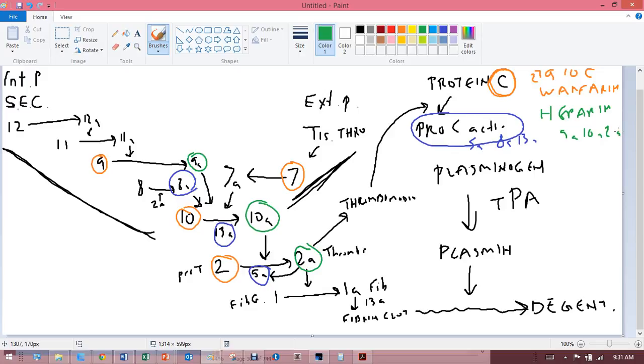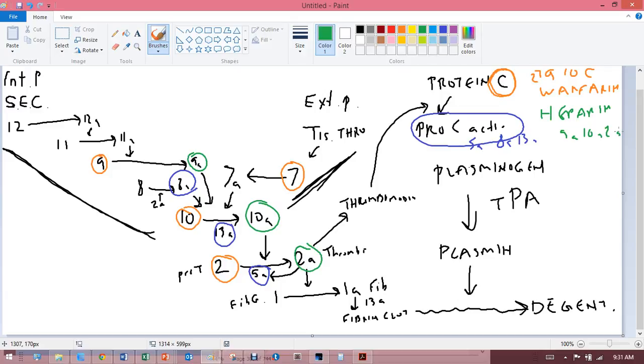But hopefully you can get it down. I would encourage working on the 12, 11, 9, 8, 10, 2, 1, and then throwing in the 7, 10 in there as well. Then the 8, 13, 5, you can remember that little process there as well in the blue. Remembering where protein C takes its effect, and then throwing in the things where warfarin affects 2, 7, 9, and 10.